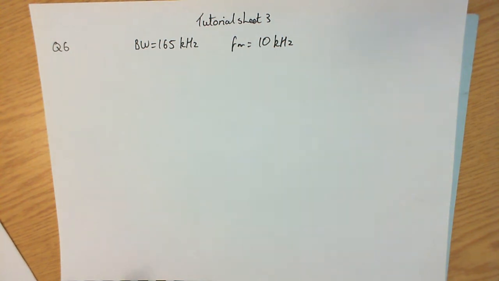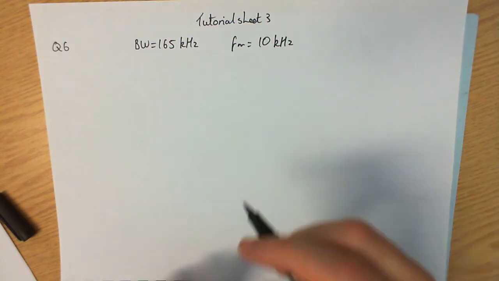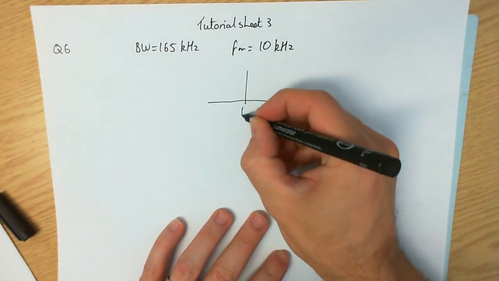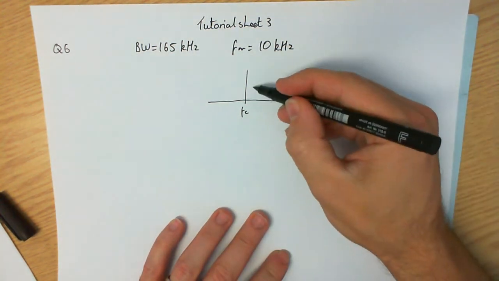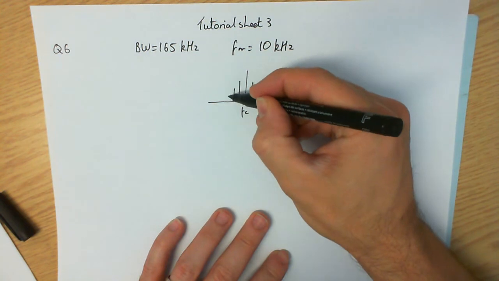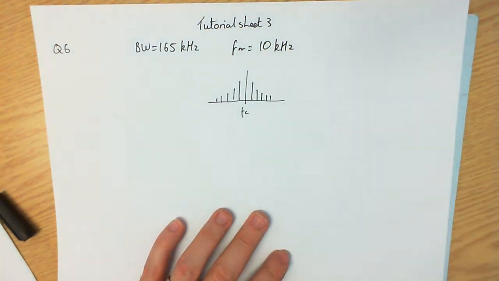So notice the word estimate, because bandwidth in FM is an estimation, and the method I'm going to use is using significant sideband pairs. As we know, when we look at the frequency spectrum, if this is the center frequency, the carrier frequency, there are a number of sidebands associated with them.